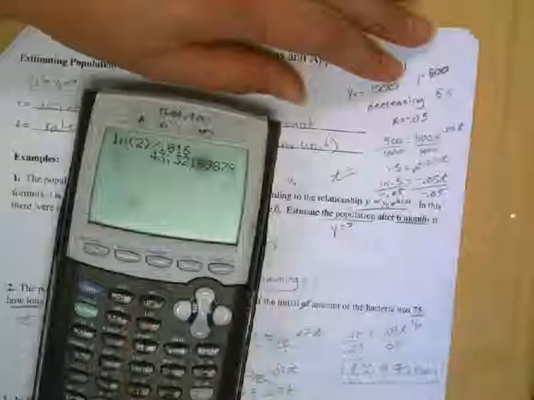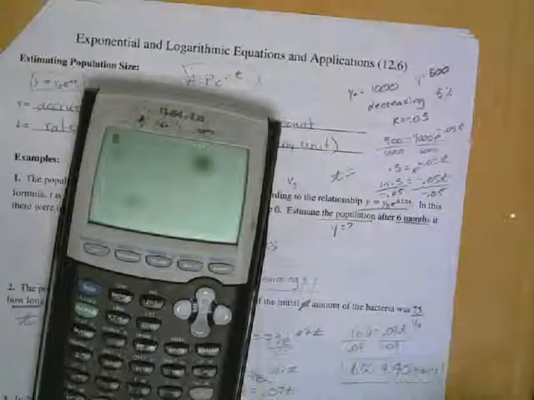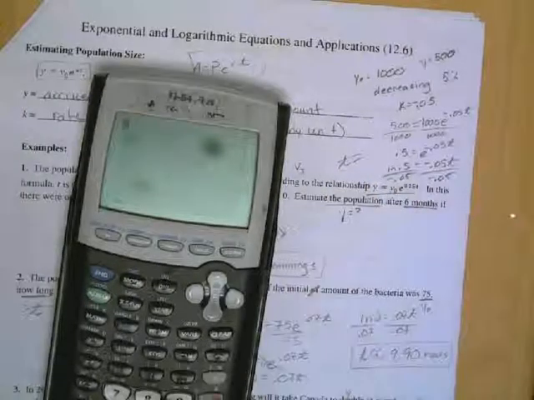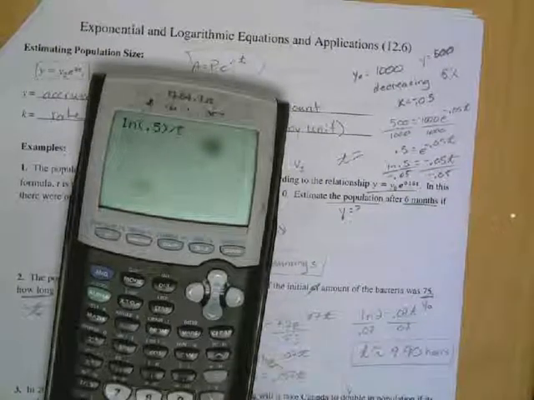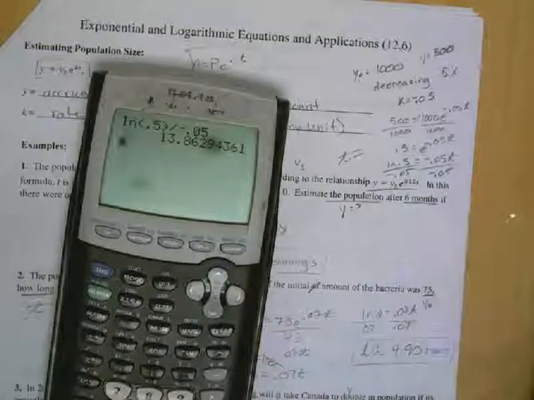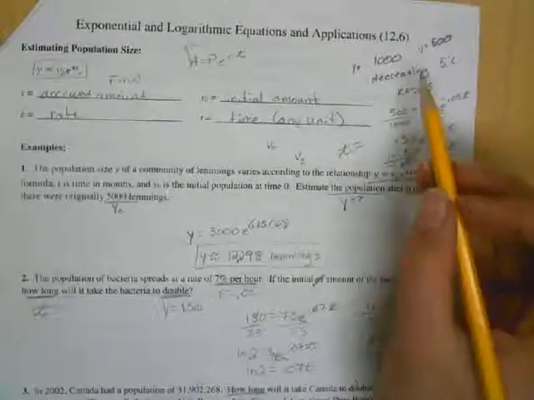And when you do, that should give you a positive answer. If you don't get a positive answer, then something went wrong there, for the time anyways. So when you do the natural log of 0.5, divide that by the negative 0.05, you get a positive time of 13 hours.